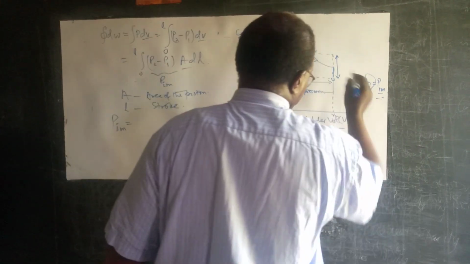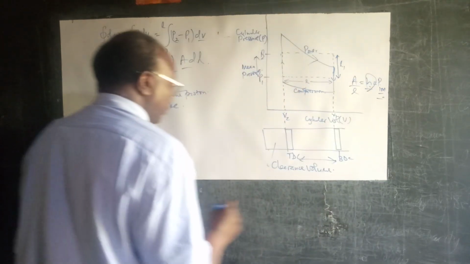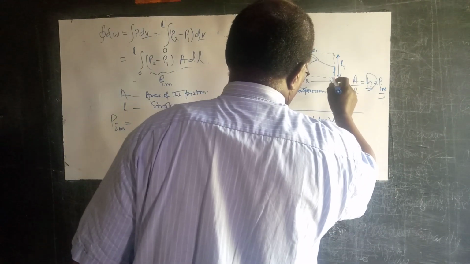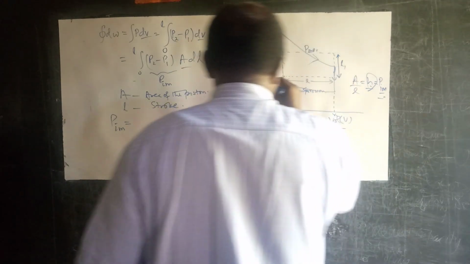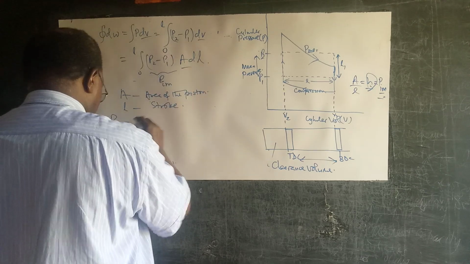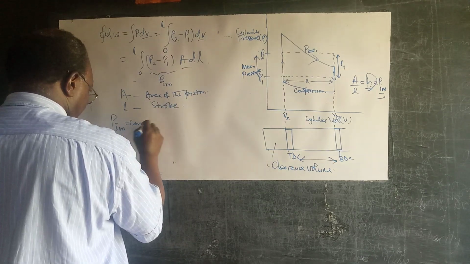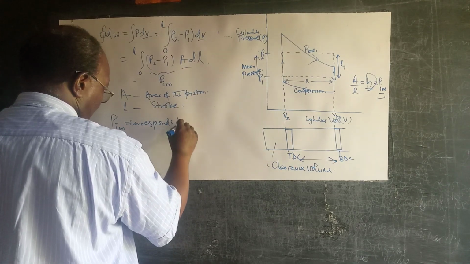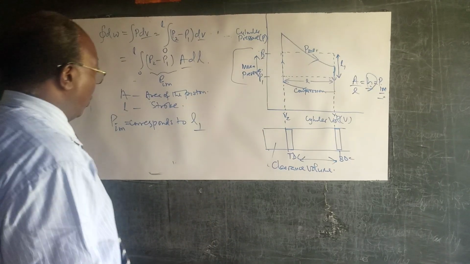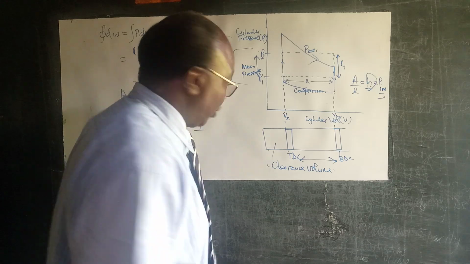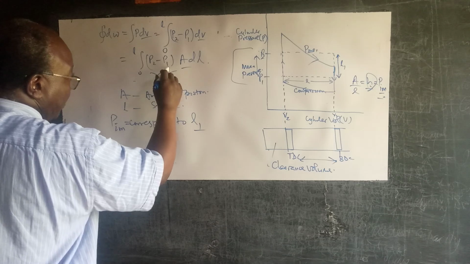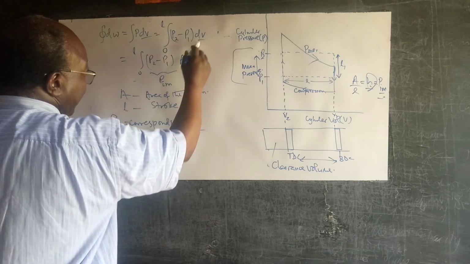Let's call it L1. It corresponds to that L1, which is basically what we have marked here as P2 minus P1. And of course, this is work, because what we have here is simply P2 minus P1 times A times that length, which, remember, is volume.